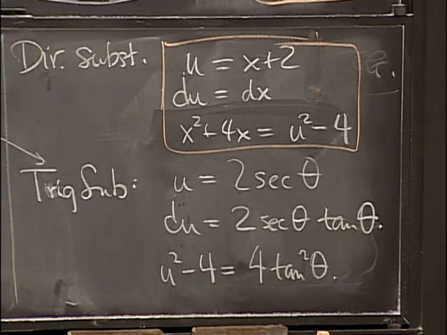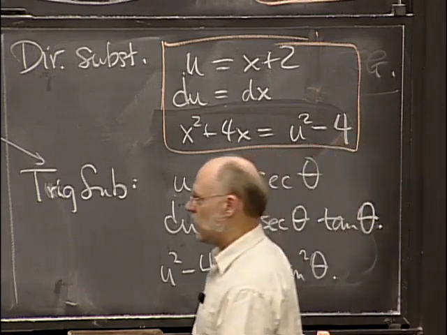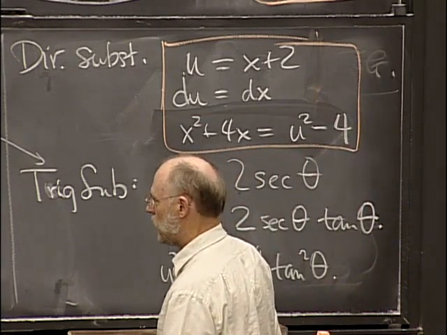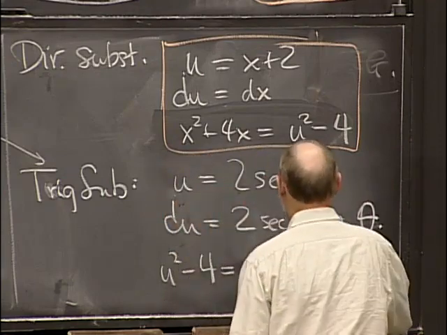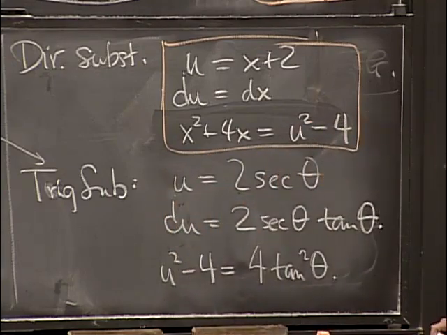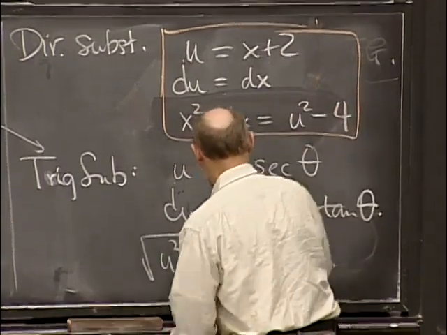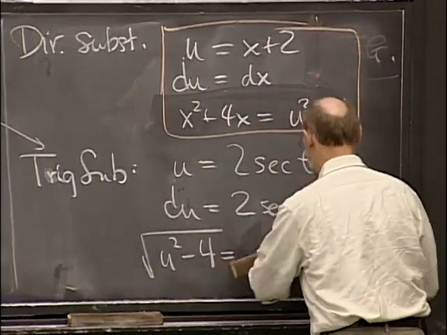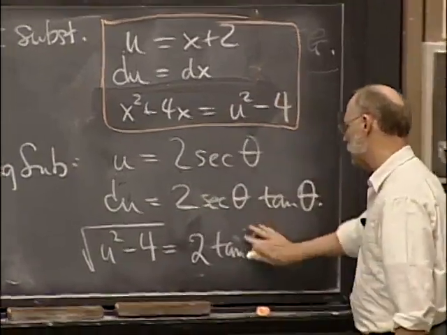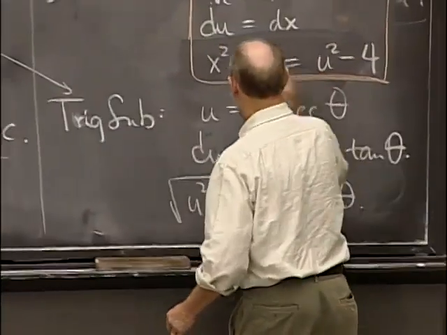Right? But I squared it, and now I'll square root it, and I'll get a 2, and this tangent will go away. So there's my data box for this substitution.